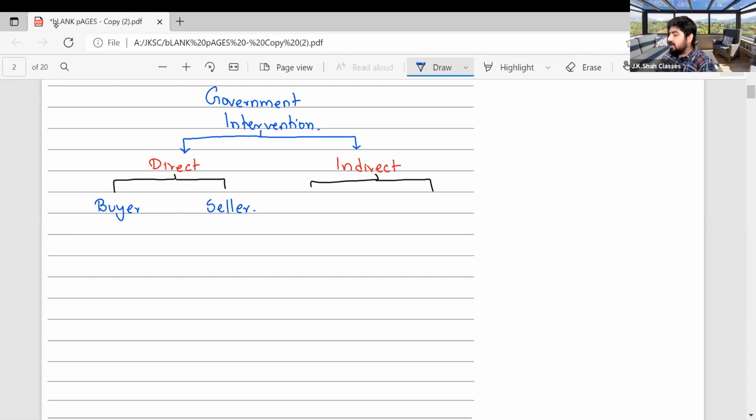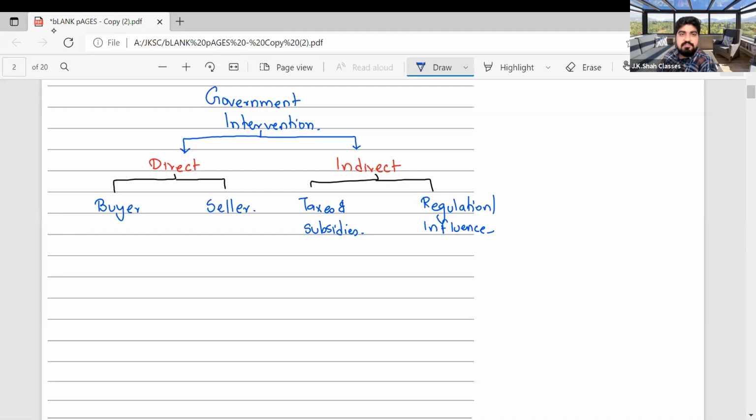Next one, indirect. In indirect, government will not put a direct ban, but will try to influence your choices. It can request you, can influence you by giving some disincentives. In that case, students, the first part in indirect control will be taxes and subsidies. And the second one would be regulations or influence. If government doesn't want you to buy a particular product, government will ask you to pay a higher level of tax.